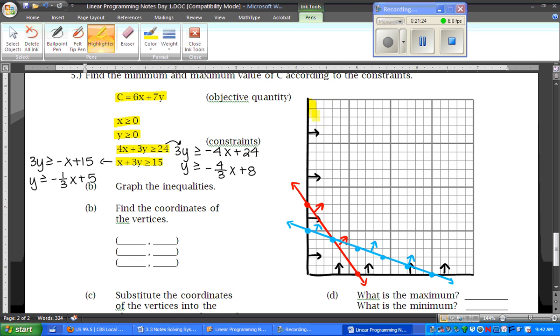So the area that I need shaded starts over on the y-axis, doesn't go to the left of it, comes down, stays above the red line and above the blue line and above the x-axis. And is everything in between.